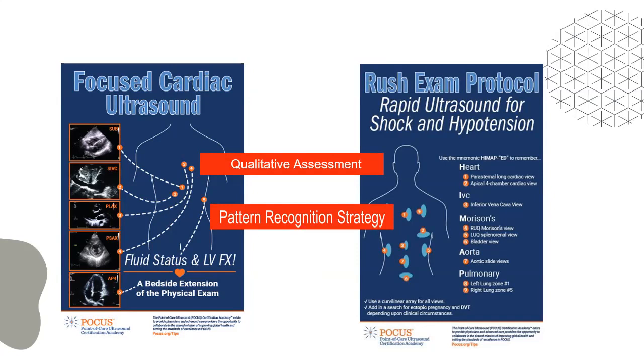This is to see what kind of shock the patient has, whether it's hypovolemic, obstructive, or distributive shock. Just taking a few minutes to do the RUSH protocol will help you in treating your patients.